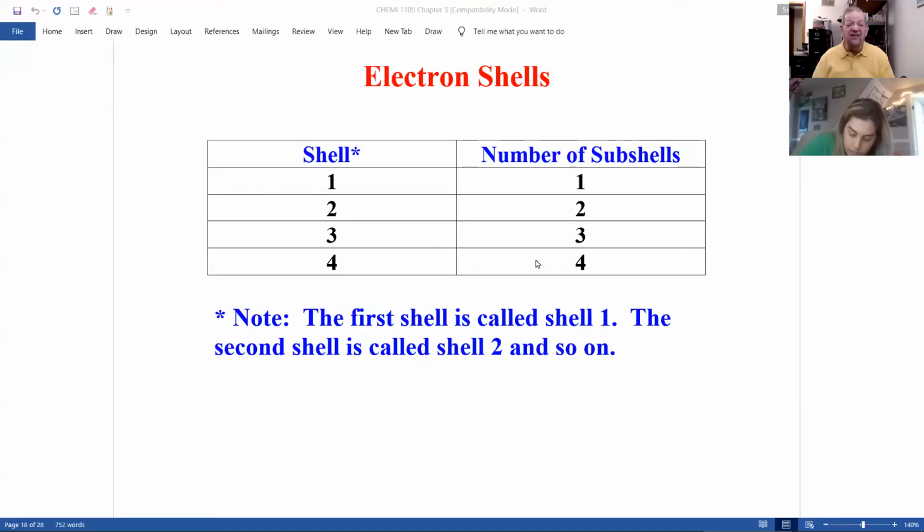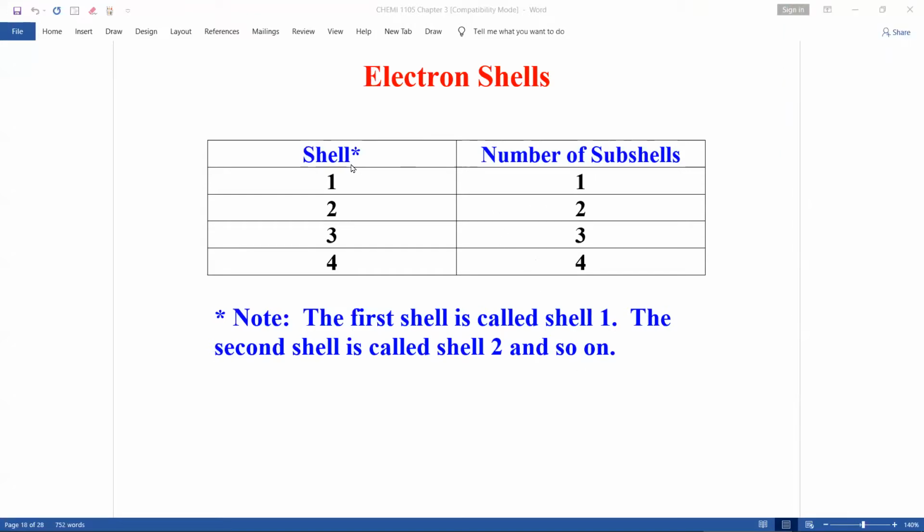Let's get going. Yesterday we did a problem set, but on Monday we were talking about where the electrons are, and let's go back and review that. The electrons are in the electron shells, and the electron shells have very simple names: shell 1, 2, 3, 4.